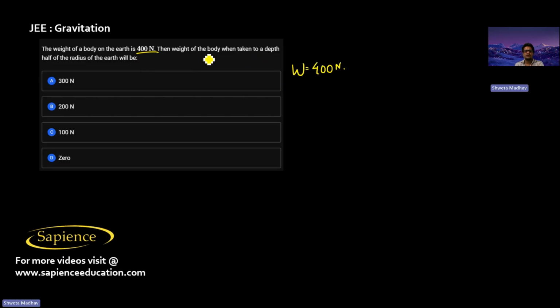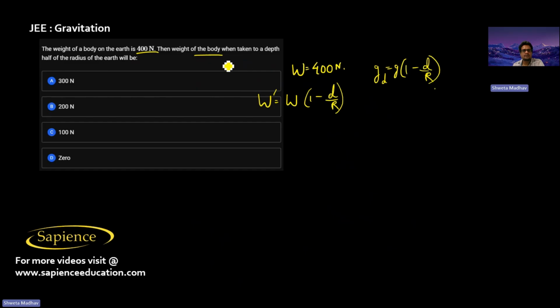Weight of the body when taken to a depth half of the radius of the earth will be. So the new weight will be equal to the actual weight into 1 minus d by r, since g at a depth is given as g into 1 minus d by r.